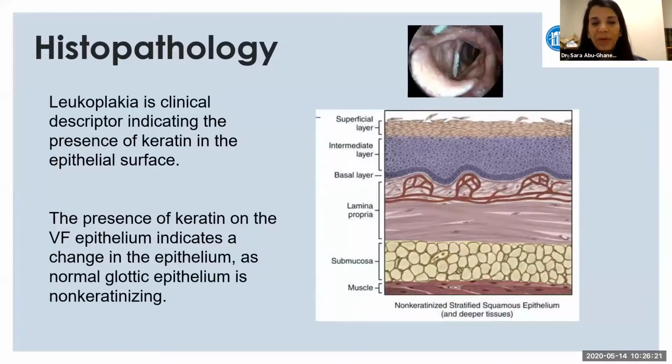In terms of the histopathology, if we go back to our second slide, when we talked about the normal epithelium, which is usually non-keratinized, leukoplakia by itself indicates the presence of keratin on the epithelial surface. And this obviously means that there is a change in the epithelium.